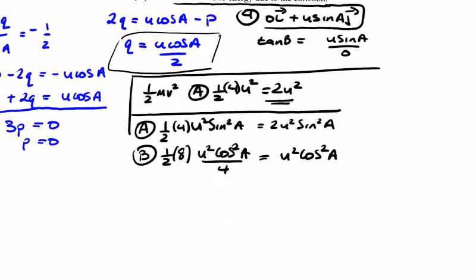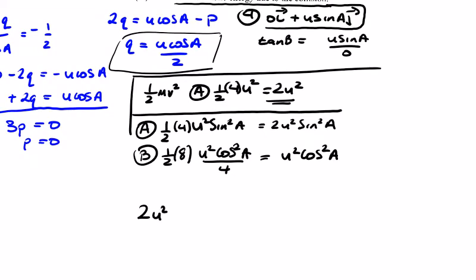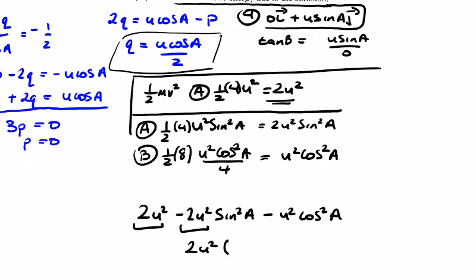So the loss in kinetic energy: it was 2u squared, and we take away 2u squared sin squared alpha minus u squared cos squared alpha. Some trig identities here, since we have sin squared and cos squared. We have 2u squared times (1 minus sin squared alpha) minus u squared cos squared alpha.